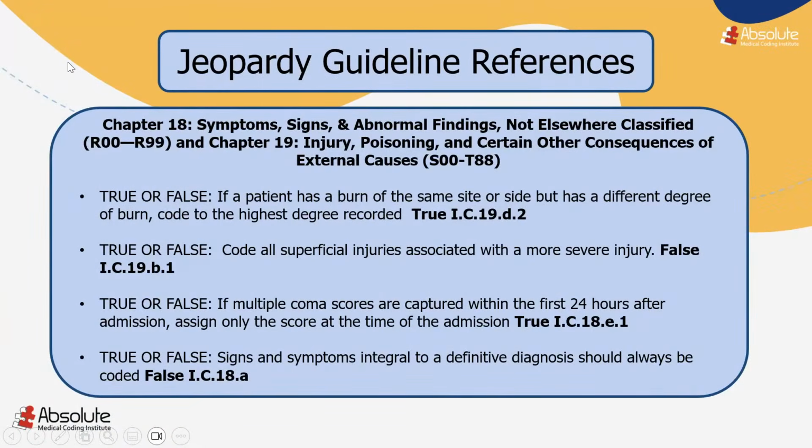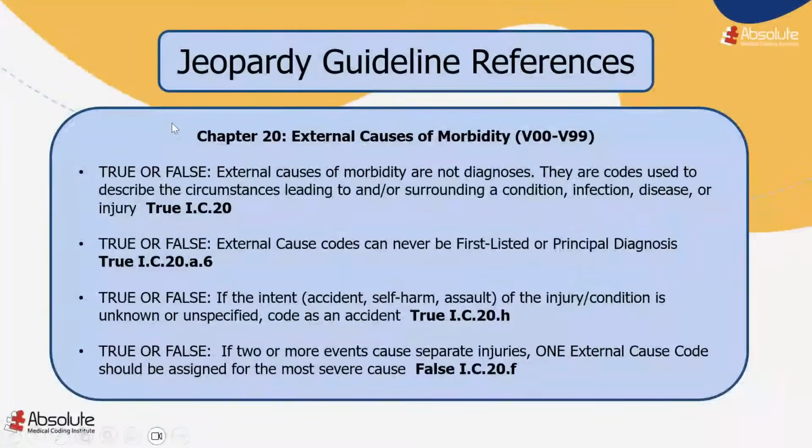So I'm going to quickly click through these. This is from our chapter 18 and 19 section. So that's going to be the symptoms, signs, and abnormal findings not elsewhere classified, and our injury, poisoning, and certain other consequences of external causes. As always, this is going to be our question followed by the answer and the specific guideline number or title. This is going to be from our chapter 20, external causes of morbidity.